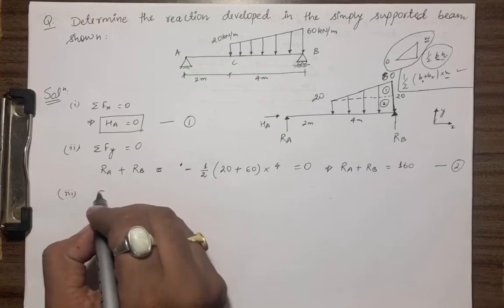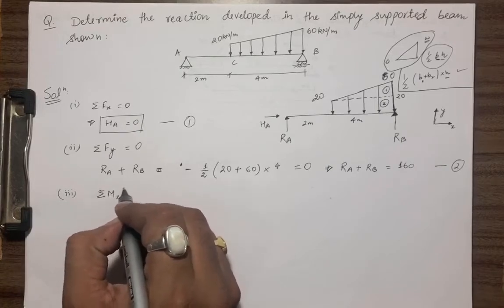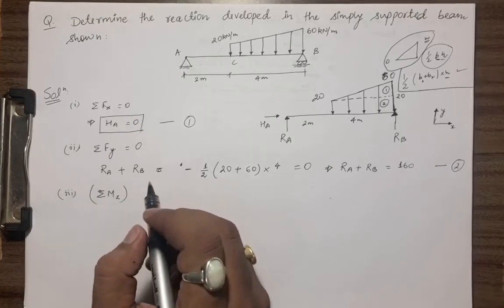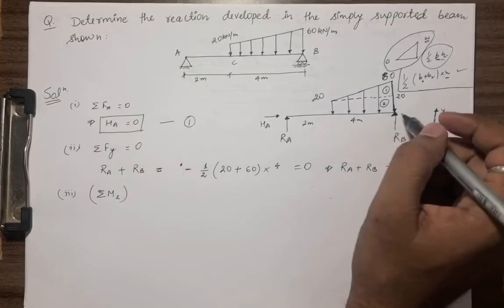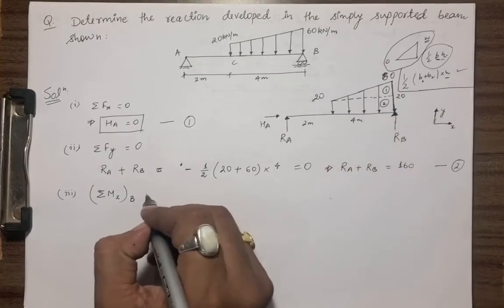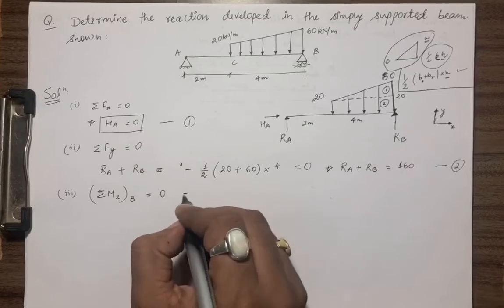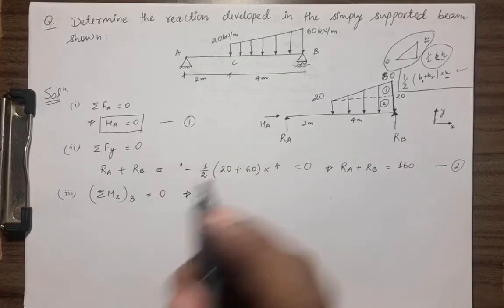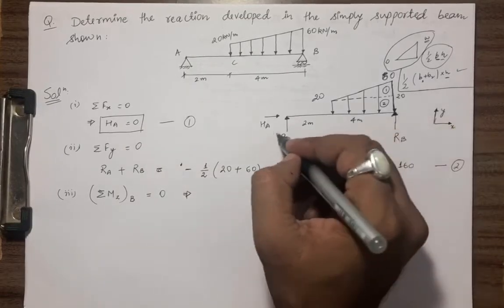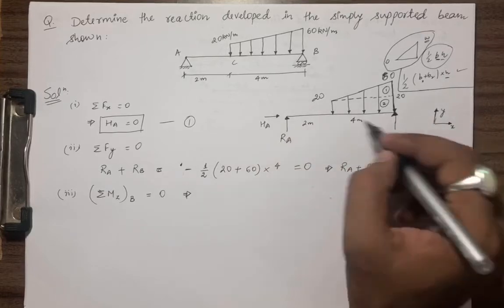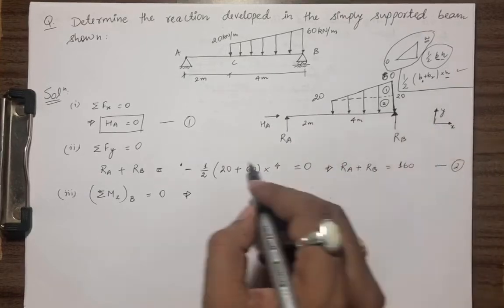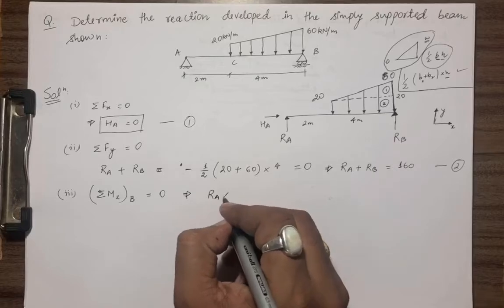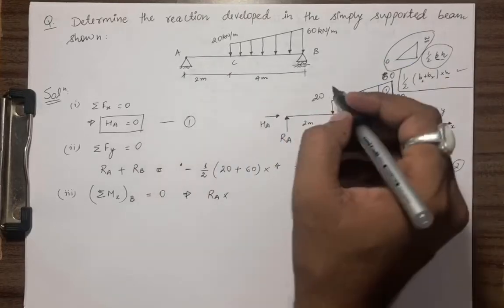So let us say summation Mz will be 0 about, let us say, point P. This implies only the moment for Ra will come, because Rb and Ha will give 0 moment. So Ra into 6, as clockwise we are taking positive.